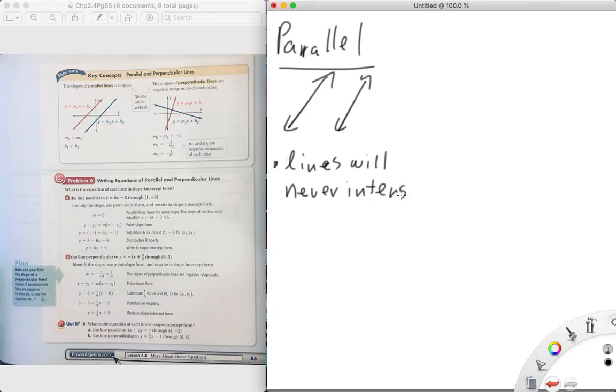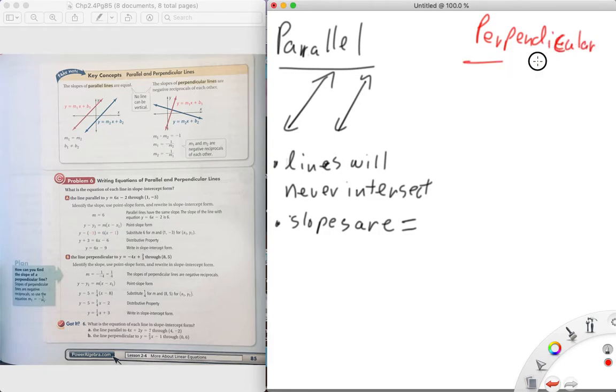And they don't intersect because their slopes are the same. Right? That's parallel lines. Then we have perpendicular lines. And perpendicular lines are lines that when they intersect form 90 degrees.